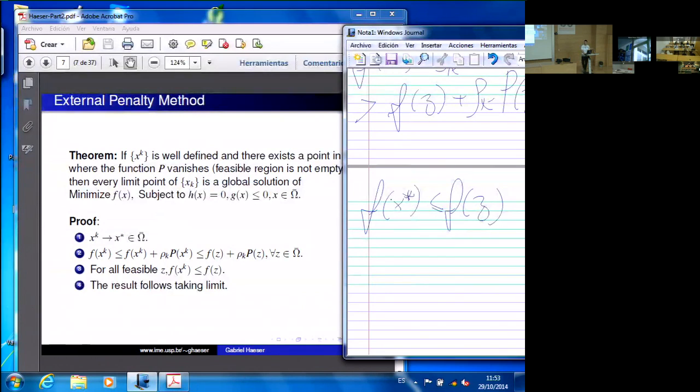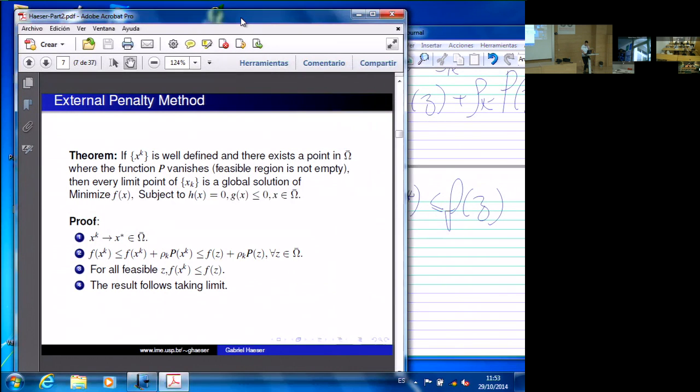So x star is a global solution to the original problem. Okay? If you don't understand something, please let me know.